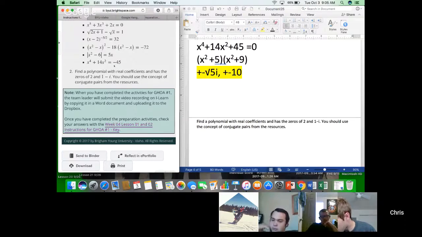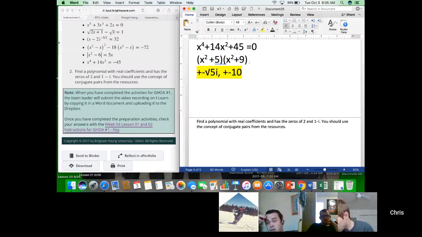No, because if it was minus 14, it'd just be negative 5 and positive 9, or negative 5 and negative 9, so it wouldn't change anything. Right, because you'd still have the plus or minus anyway. Square root of 16 is 4, right? Yes. So if you were to do the quadratic formula, you would just get negative 14 plus or minus the square root of 16 all over 2.